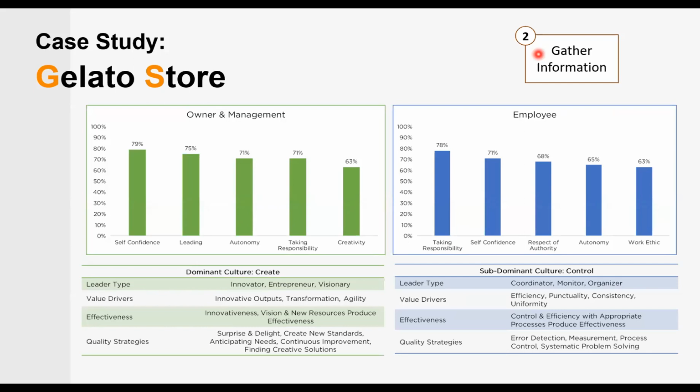So our method of gathering information in this case was handing out personality surveys. Why? Because we want to see the culture of the F&B, of the gelato store. We want to see the culture and we want to see the potential of each of the employees.